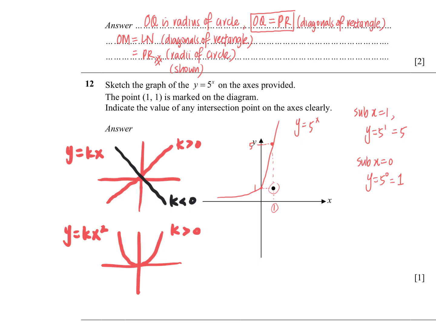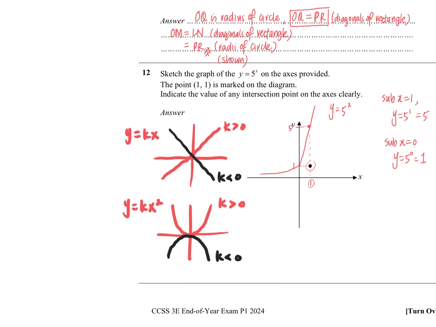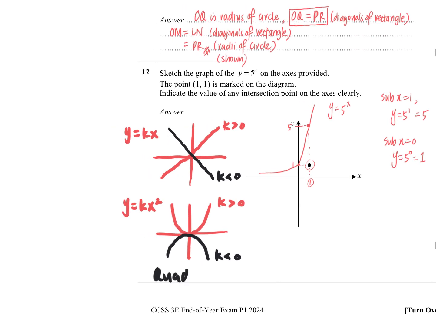Remember we had about 12 to memorize. Then when it's negative, it's the bottom. Yes, this is your quadratic. This is your linear. Then we have our cubic.